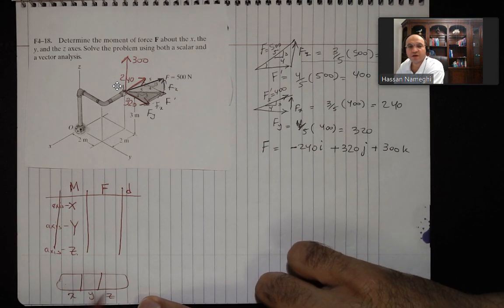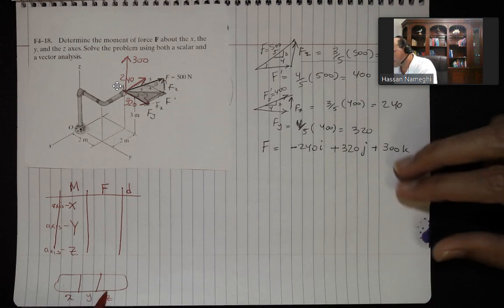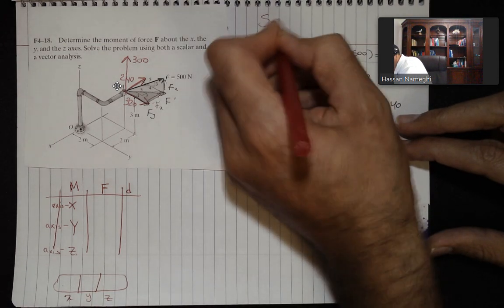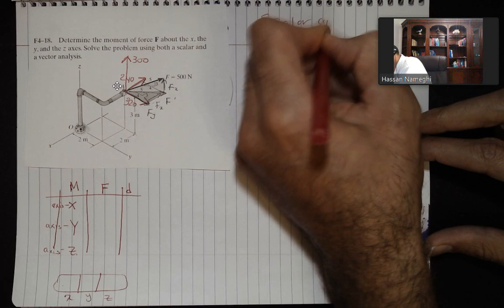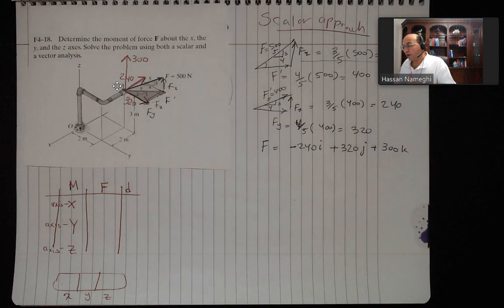Again, I will go over a little more detail on this. What do I mean with these seats? But right now we are talking about the scalar approach. Now you have to look into every force, where they are, and then find the perpendicular distance.